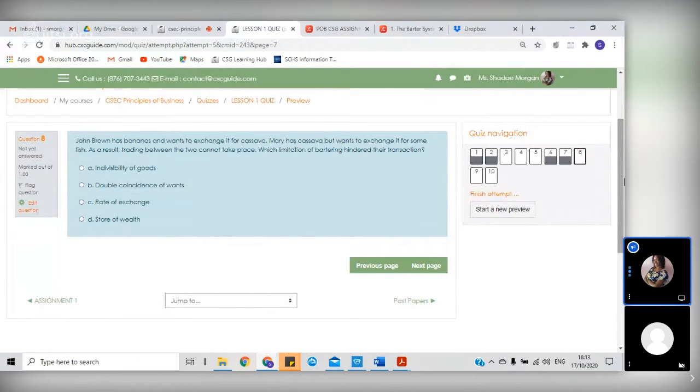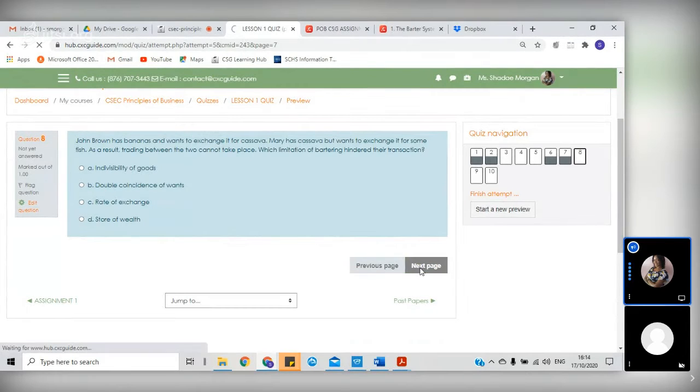Is it indivisibility of goods, double coincidence of wants, rate of exchange, or store of wealth? Double coincidence of wants, right. So John Brown has bananas, but he wants cassava. Mary has cassava, but she doesn't want bananas, she wants fish. So that is the problem that hindered their transaction.